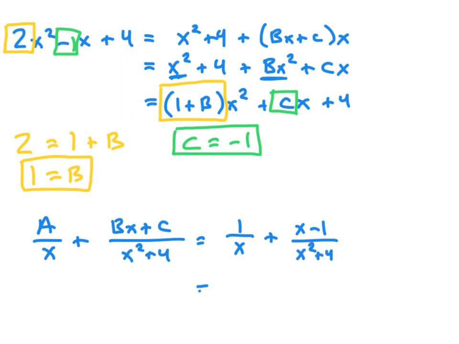And for purposes of evaluation for our integral in the next step, we're going to rewrite the (x minus 1) over (x squared plus 4) as x over (x squared plus 4) minus 1 over (x squared plus 4). And this will allow us to evaluate the integral of 3 different terms using 3 different techniques.